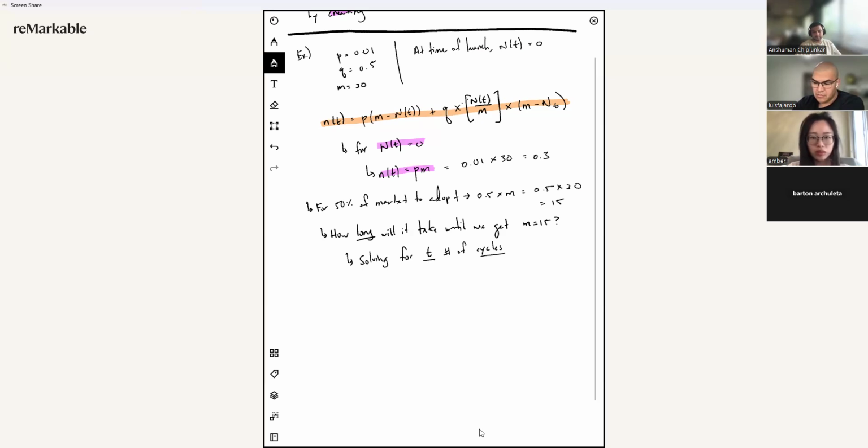This is the one that's the most comfortable for substituting numbers in, because what this is saying up here is that your innovator contribution is going to be 0.01, your imitator contribution is going to be 0.5, and your total market potential is 30.